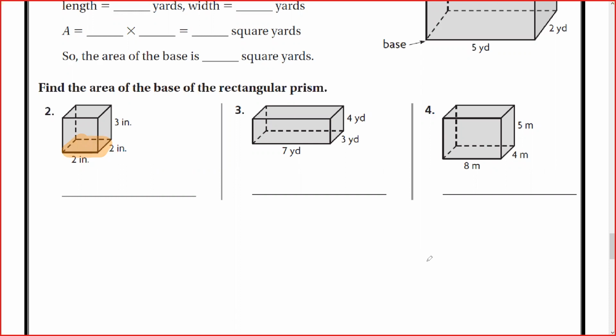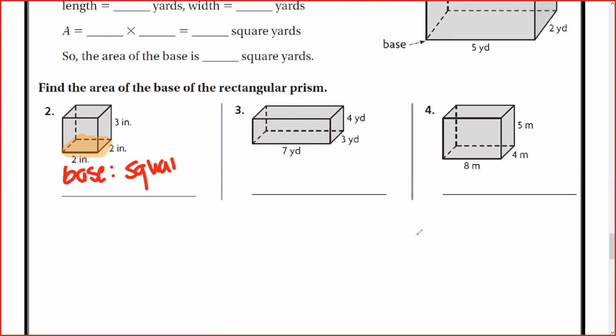If all sides are 2, what is the name of the shape? Yes, Zain. Is it a square? Yes. So the base here is a square.